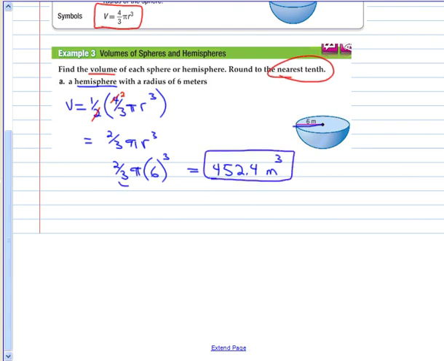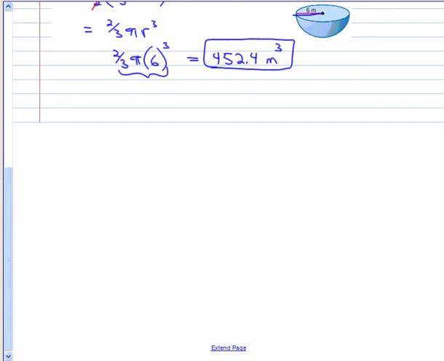Now this one could also be done as an exact value. Looking at the exact value for a minute, if I have 2/3 times pi times our 6 cubed, I need to figure out what 6 cubed is. I didn't do that ahead of time. Our 6 cubed is 216. So now I can reduce.